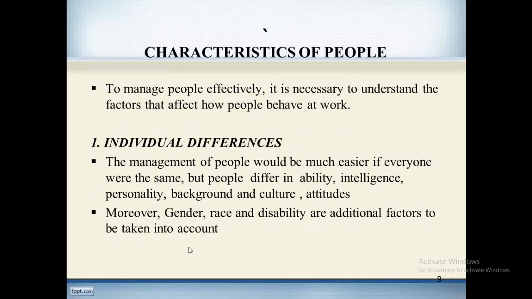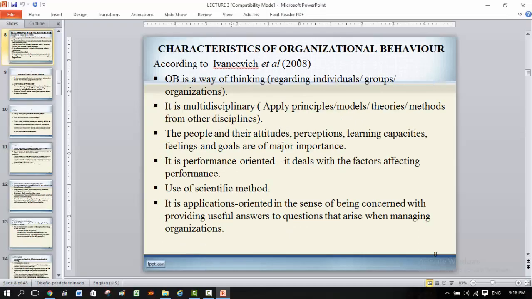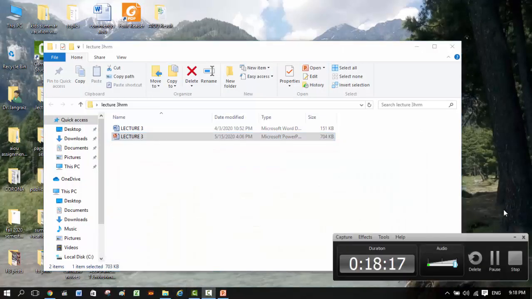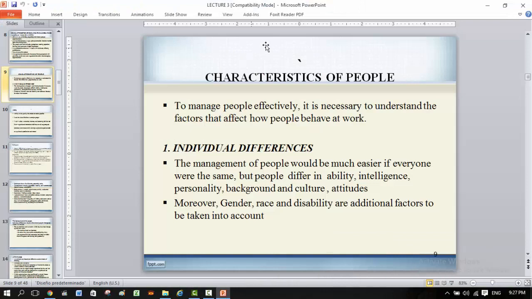Coming to the characteristics of the people, those people who work in an organization, meaning the employees. To manage people effectively, it is necessary to understand the factors that affect how people behave at work.